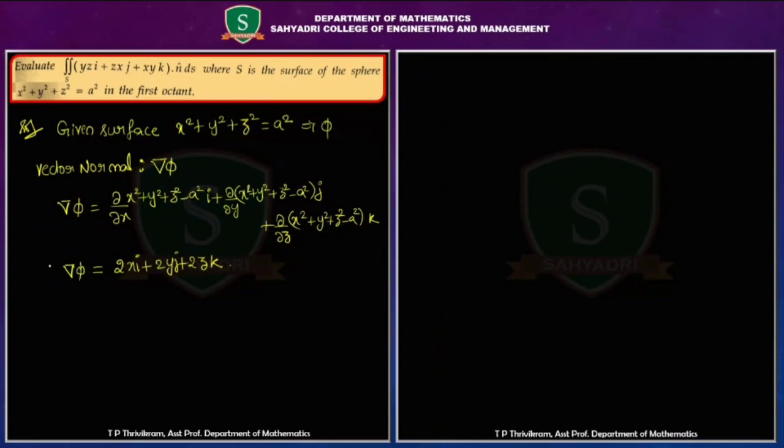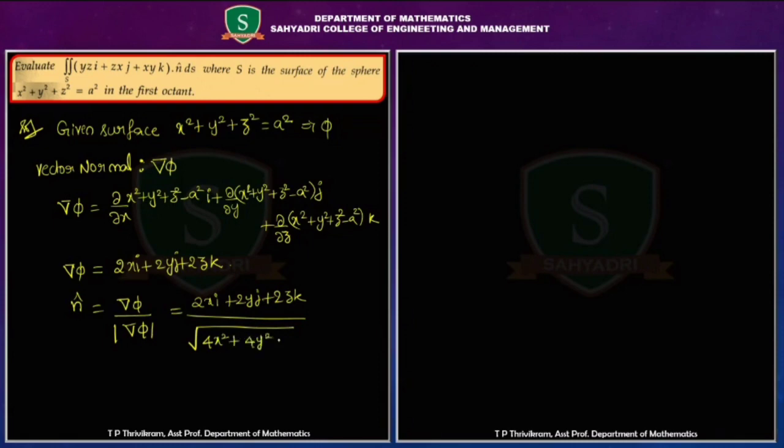But you need n cap, the unit vector normal. So n cap is nothing but del phi divided by modulus of del phi, which is 2x i plus 2y j plus 2z k divided by root of 4x square plus 4y square plus 4z square.